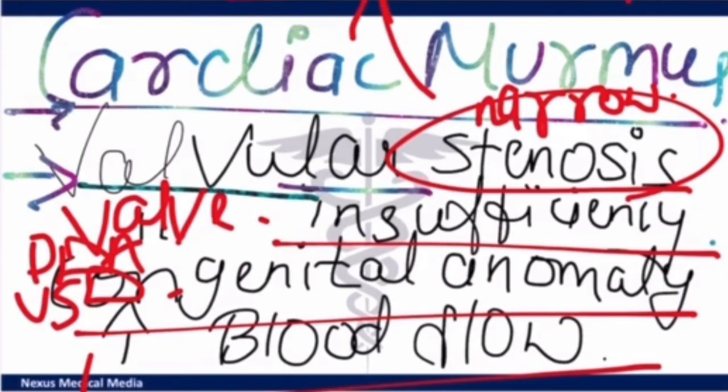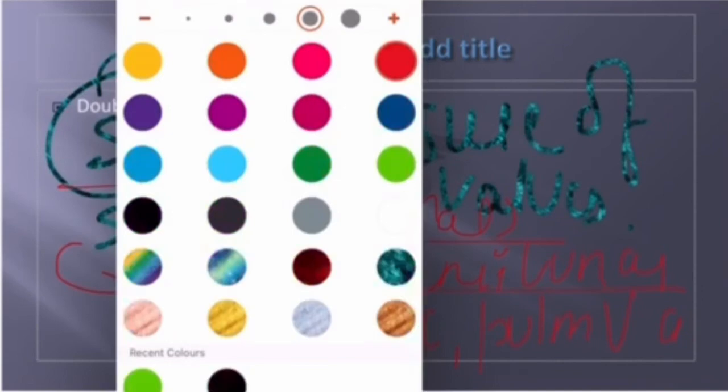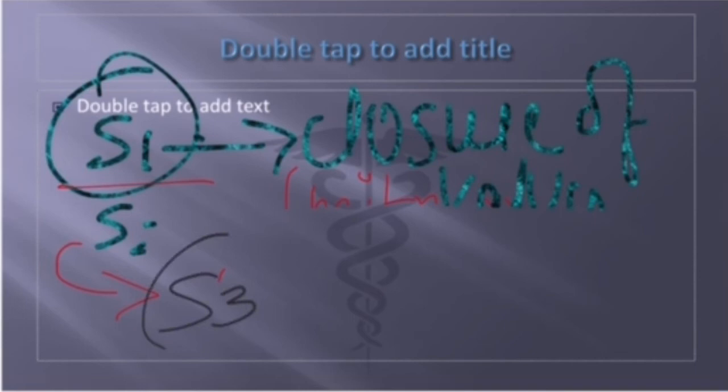When I say increased blood flow, I do want to mention a few more things for you guys. Please do remember for me that S3, when it comes to you, can be completely normal. Please do write that down with me as well. When I say S3, guys, it will be normal at the time of pregnancy.